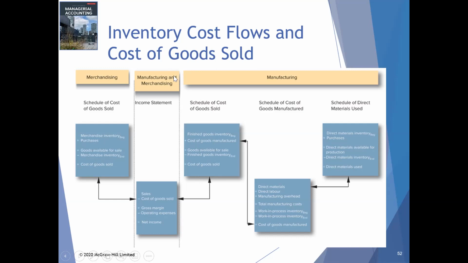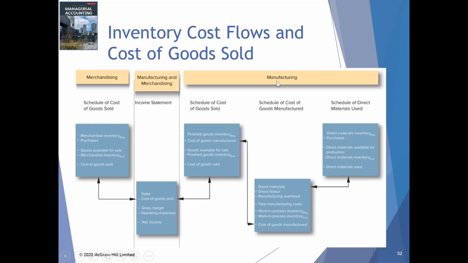If we talk about manufacturing and merchandising both, let's say one company manufactures as well as merchandises. In the income statement, we will write the sale, because the merchandising is selling some of the goods. So sale minus cost is equal to gross profit or gross margin, minus operating expenses is equal to net profit or net income.